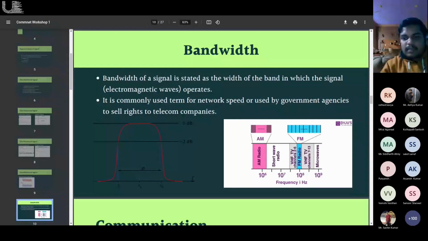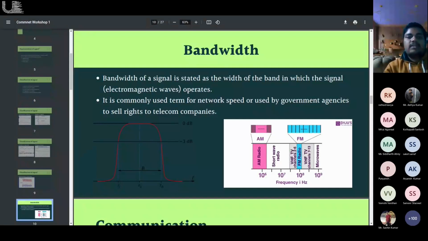Like here you can see that AM radios have some lower frequencies, shortwave radio has some higher frequencies, then we have very high frequency TV channels, then FM radio, then VHF TV, then microwaves. It is not that AM radio will use the signals beyond 10^6 or 10^7. They cannot use it because the government is not allowing them to. It is also not feasible for the system.